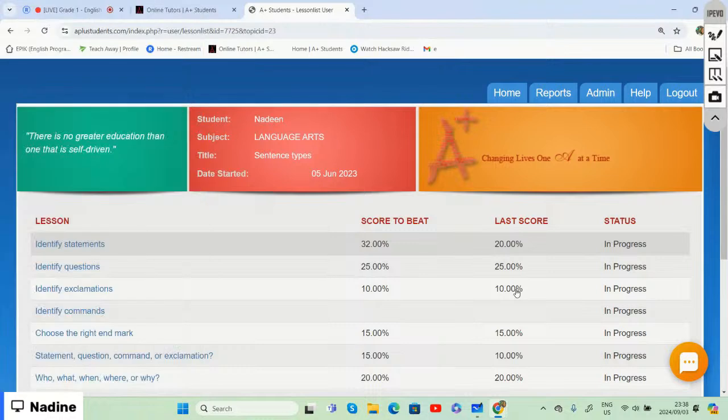All right. And if we look at the next one, it is questions. So far we have identified a statement and how we can use it. And now we're going to identify questions.